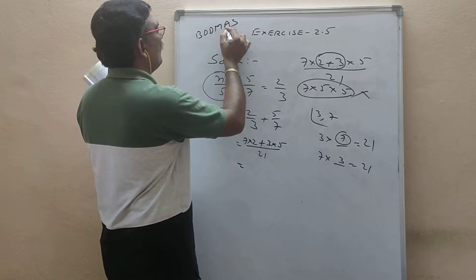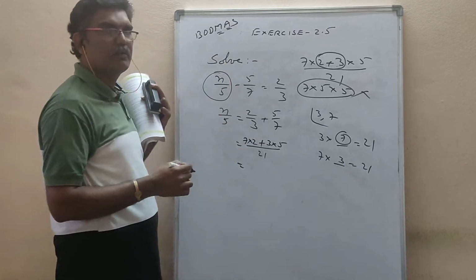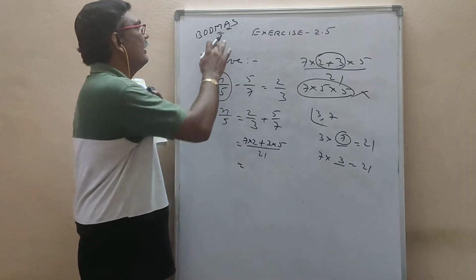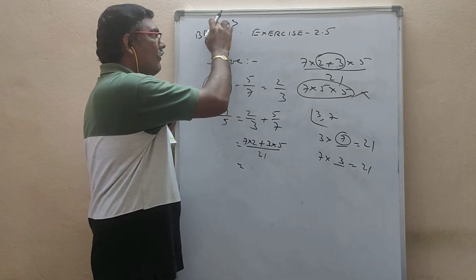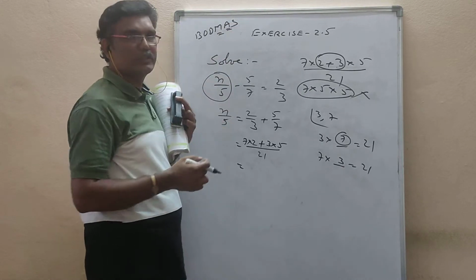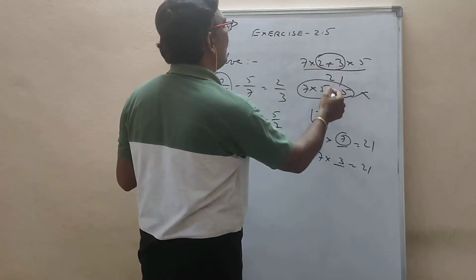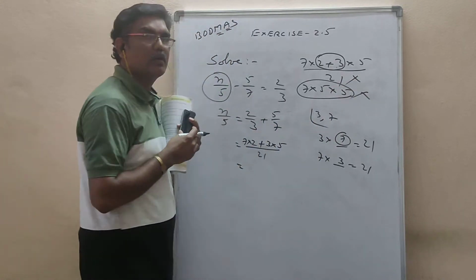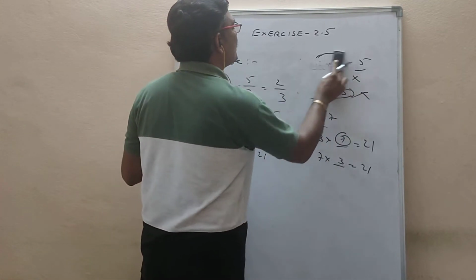Is addition first or multiplication first? First you have multiplication, M stands for multiplication. After multiplying only do you go for addition. If you do addition first, the problem is wrong.